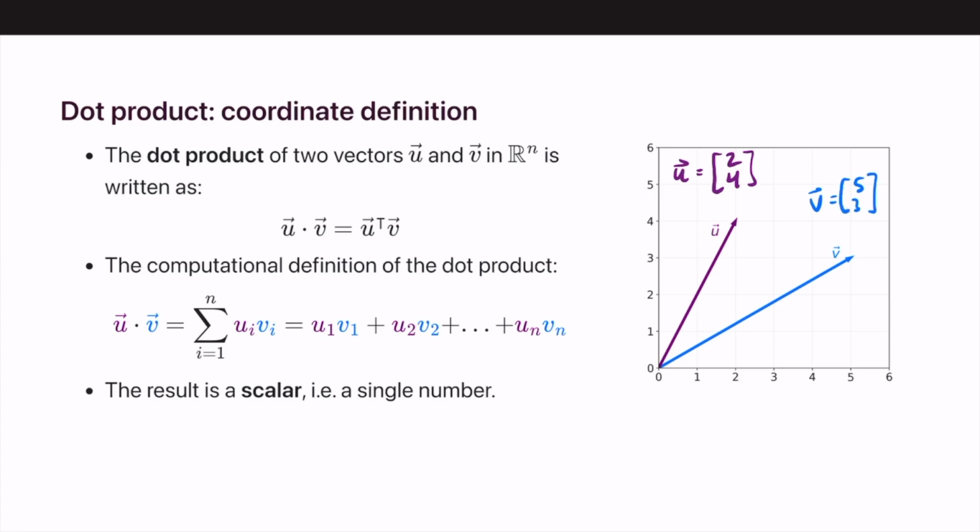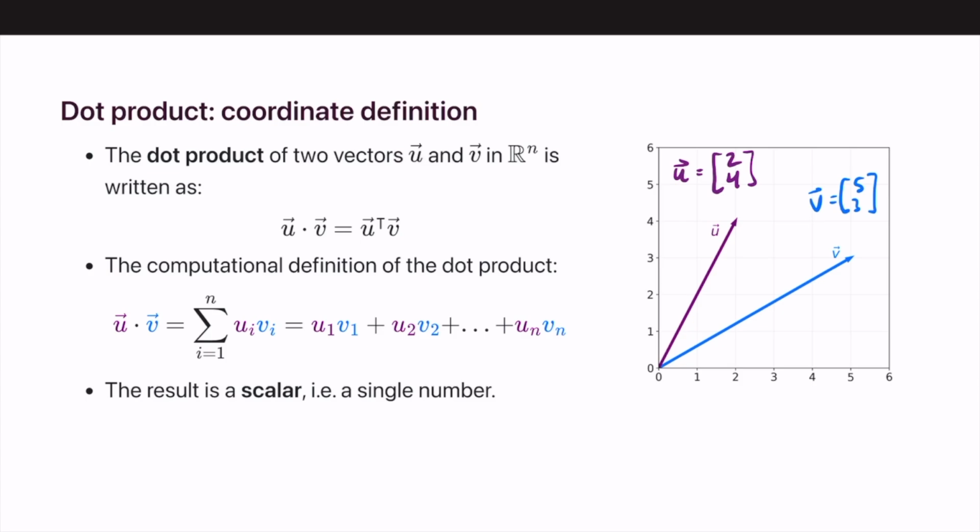A dot product can be written as the vector v dot product with the vector u, and you'll see this written both ways. This is taking u transposed and multiplying it by v, and the reason we do that is because the inner dimensions of the two vectors being multiplied need to match. We'll show that down below.